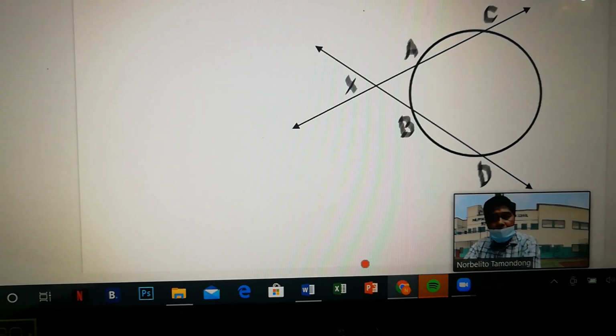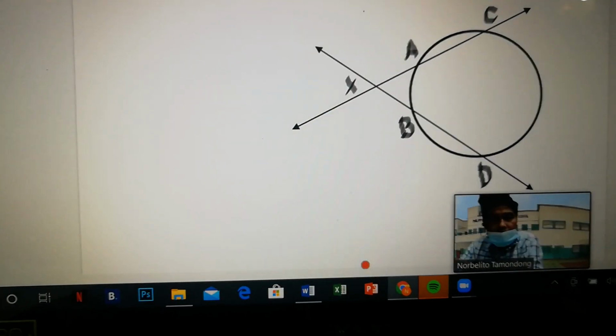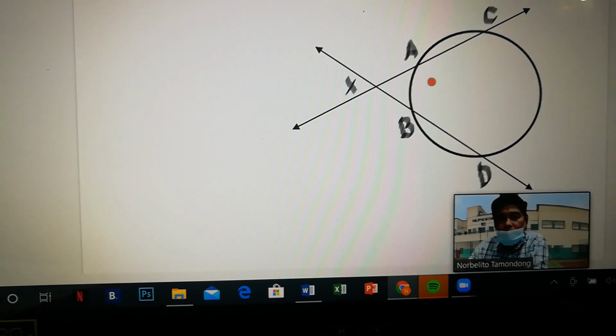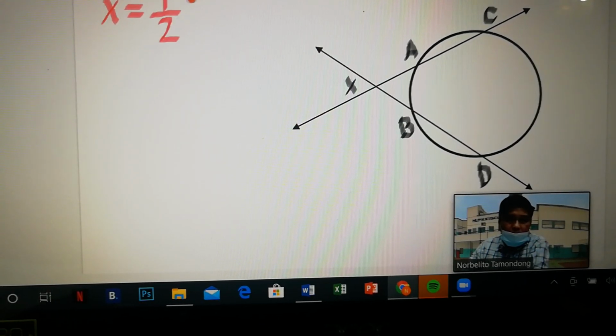Okay, next is the angle formed by two secants intersecting outside the circle. If it is outside the circle, then it is one half the positive difference of the intercepted arcs. So x is equal to one half of the positive difference of the intercepted arcs.